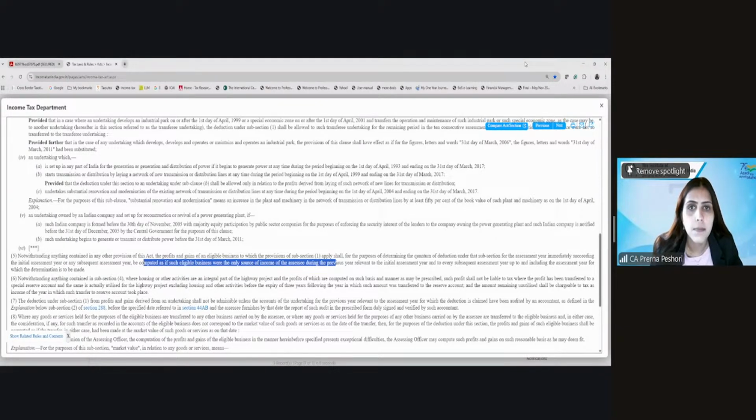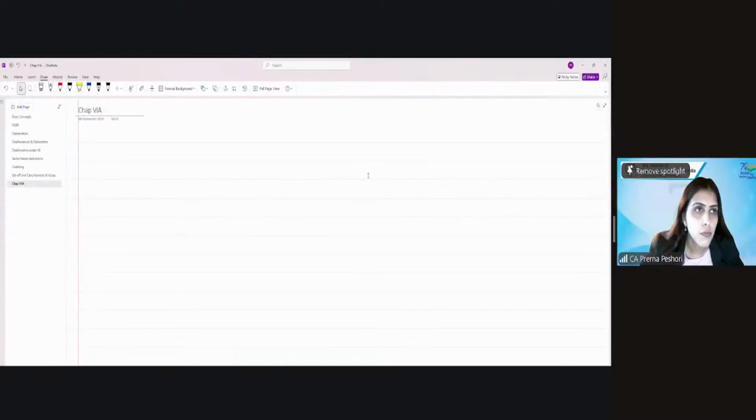Let us understand this. Profit from eligible business is 90 lakh, loss is 20 lakh.